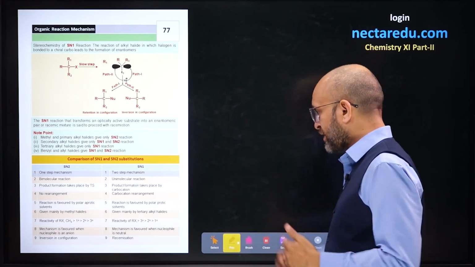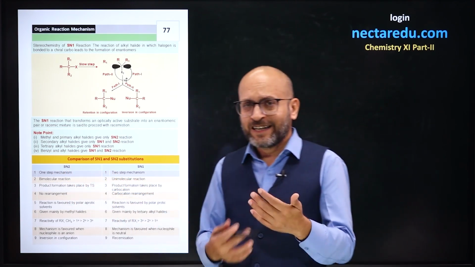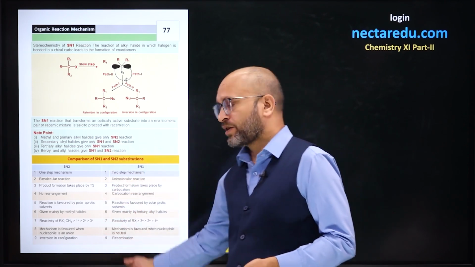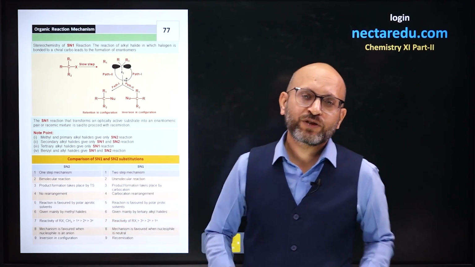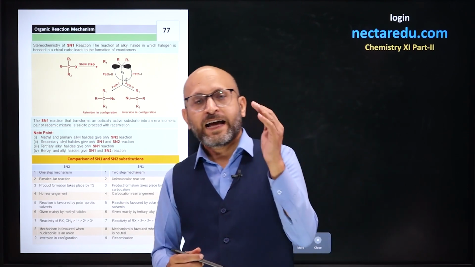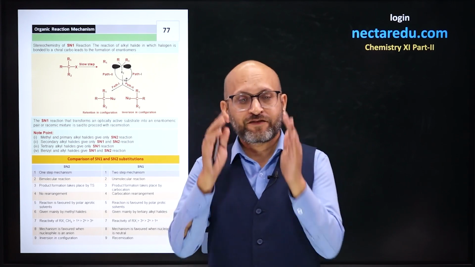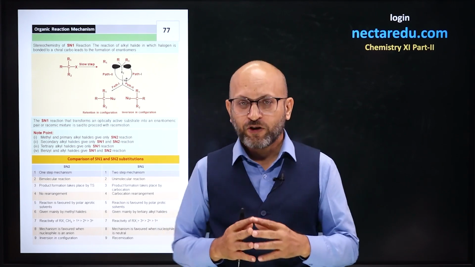We have a few differences between SN1 and SN2, which we have already discussed, but they have been summarized over here. SN2 is a bimolecular reaction, SN1 is a unimolecular reaction. In SN2 you will have a transition state, no carbocation; in SN1 you will have a transition state as well as carbocation formation.